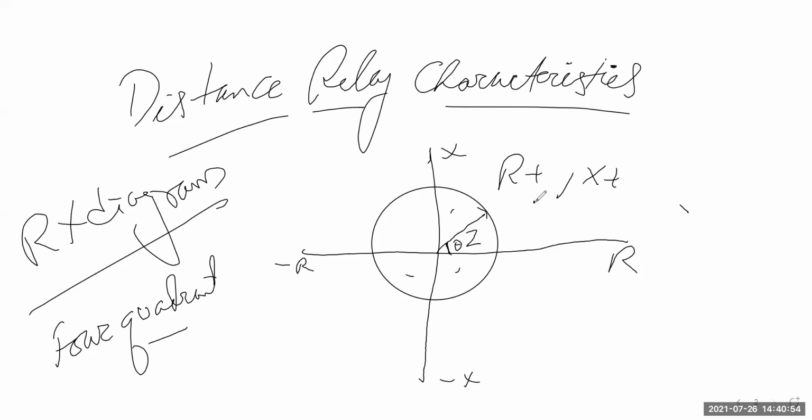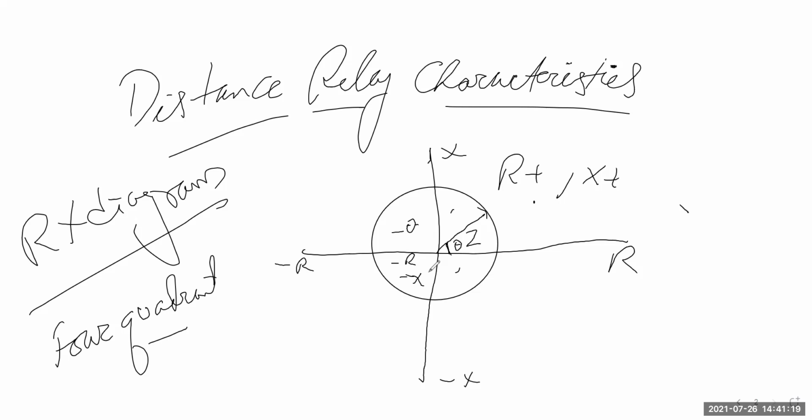Now in the second quadrant, the angle is negative, minus theta, so the relay will not operate in this region. Similarly, in the third quadrant, R is also negative and X is negative.